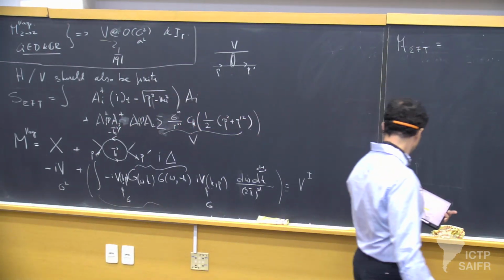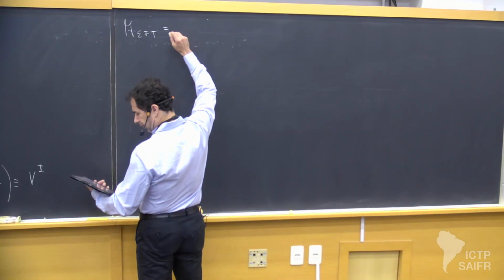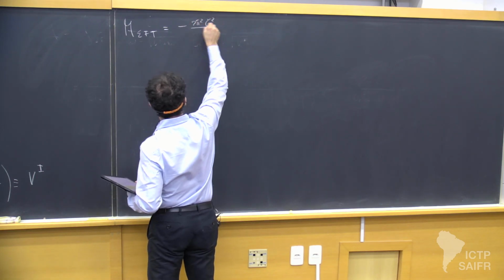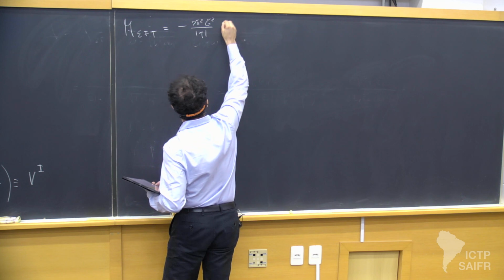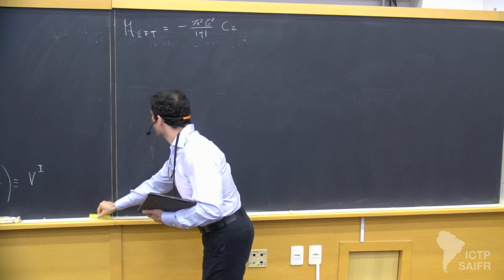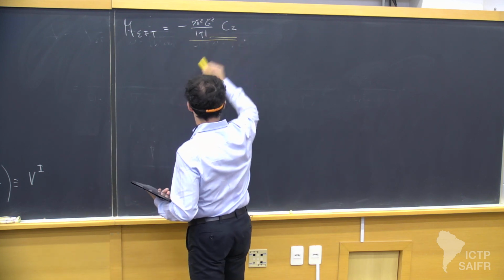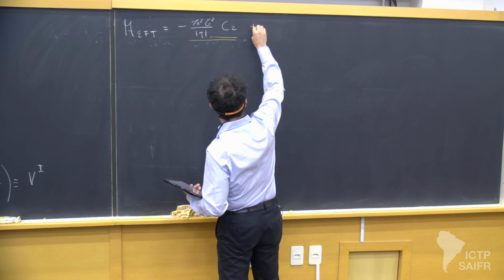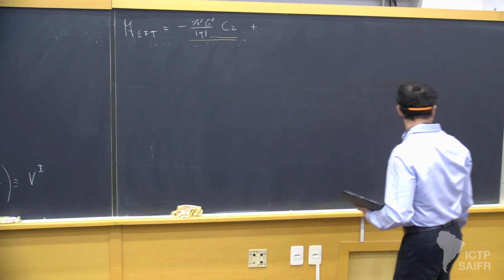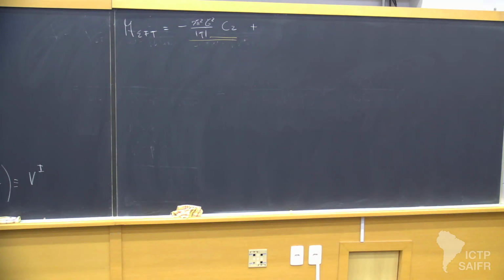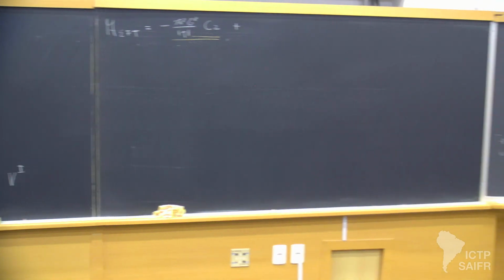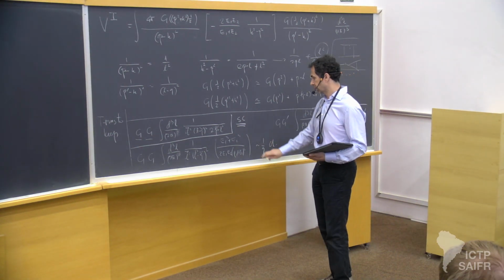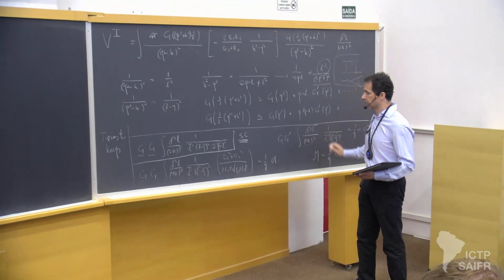So what we find is M_EFT is minus 2 pi squared G squared divided by q, and this is C2. And this is the guy we're after, this C2. And then we have a lot of extra annoyances that come from elsewhere, namely from these integrals. This one, which we're going to keep as it is because it cancels as a whole, we don't want to evaluate. And then from these things, which are all computable.